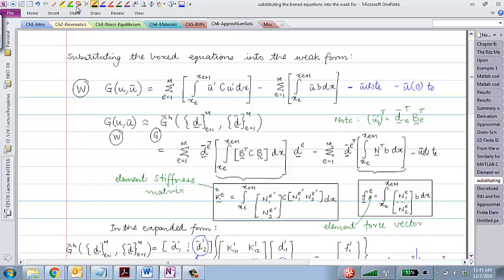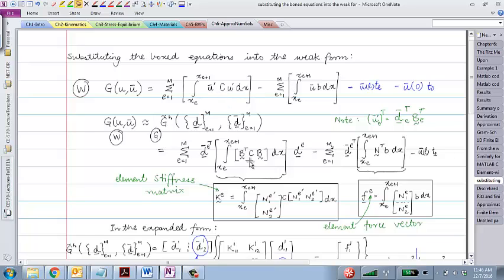One thing to notice here is that this weak form is now a function of the real displacements for each of these elements, where elements go from 1 to M. That virtual work functional was a function of real displacement and virtual displacement. Now it is a function of all of these coefficients of real displacement and coefficients of virtual displacements.